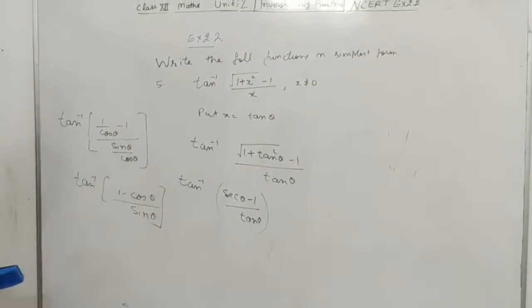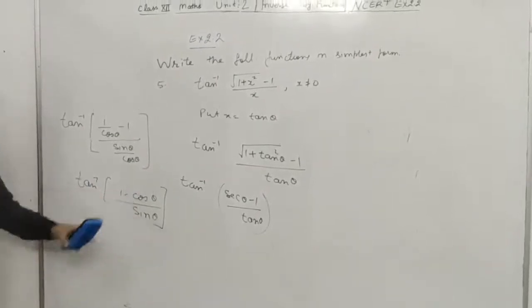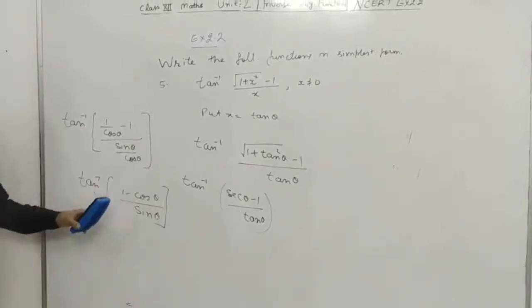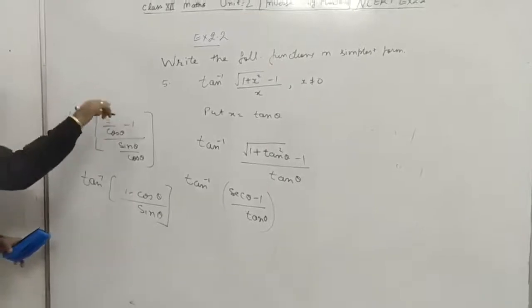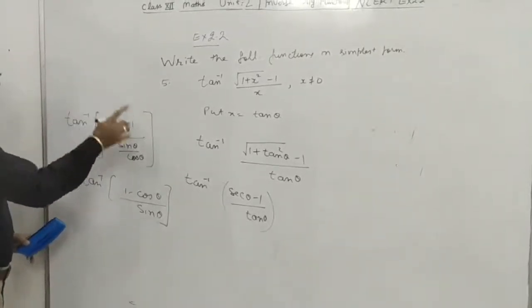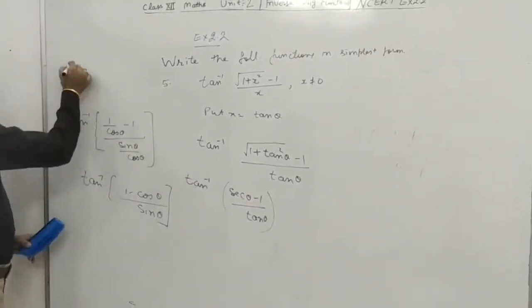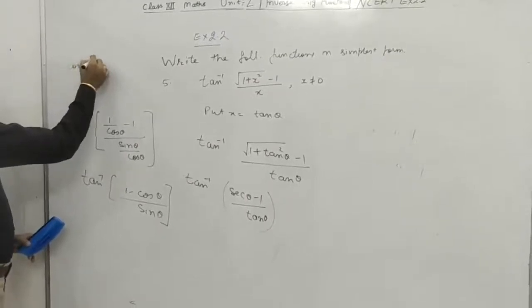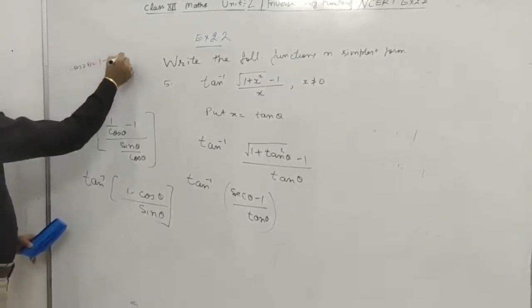Both cos theta can be cancelled out. So 1 minus cos theta, that is a trigonometric formula. Cos 2 theta is 2 cos square theta minus 1, and 1 minus cos 2 theta is 2 sin square theta.